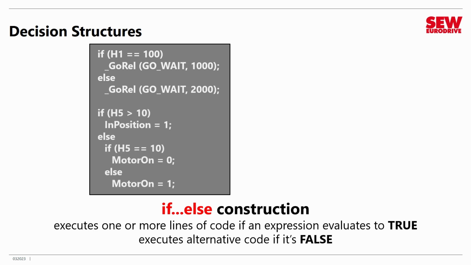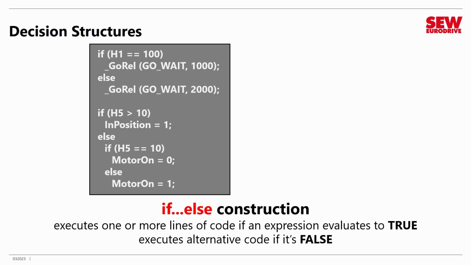If h5 is greater than 10, change the variable in position to 1. However, if h5 is not greater than 10, then it's going to do another if statement after the else there. If h5 equals 10, set motor on to 0. Otherwise, if h5 isn't 10, set motor on to 1. So you can even chain these things together.